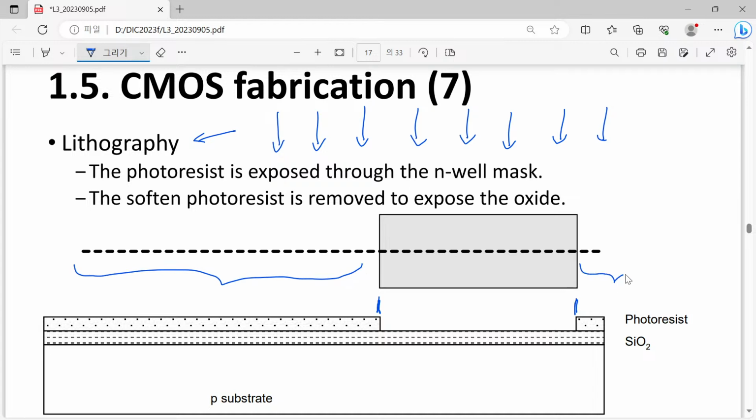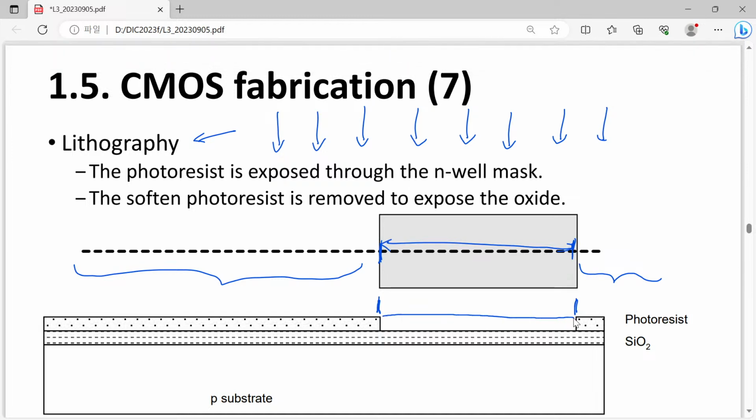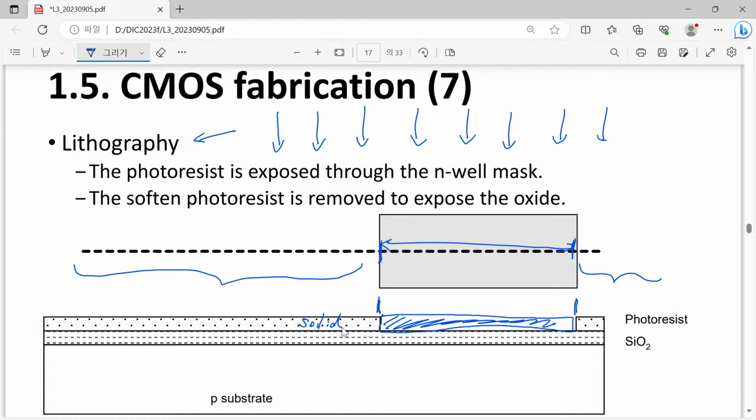Also, this is blocked by our mask. Only at this open window does light come in. Then what will happen? Previously, photoresist was there, and now it has a different chemical composition. So, for example, this was solid and rigid. Now it becomes much softer.